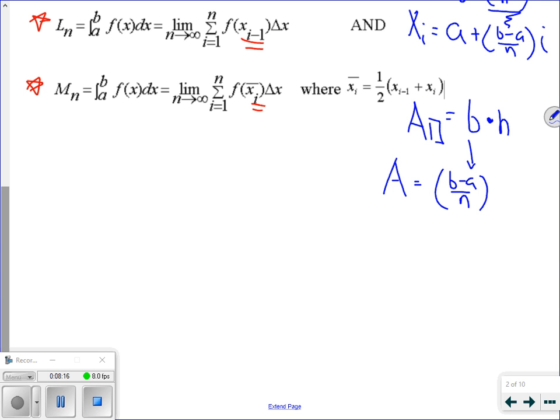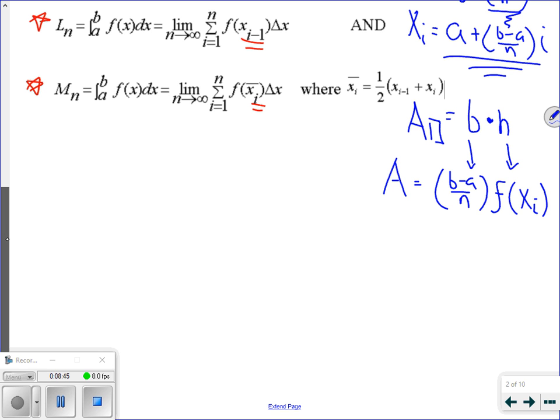That tells me the subinterval, the lengths of those bases. And remember that the heights are all the x values plugged into the equation. So I'm going to say f of, and the notation I'm going to use is x sub height to represent all the x values on that interval.